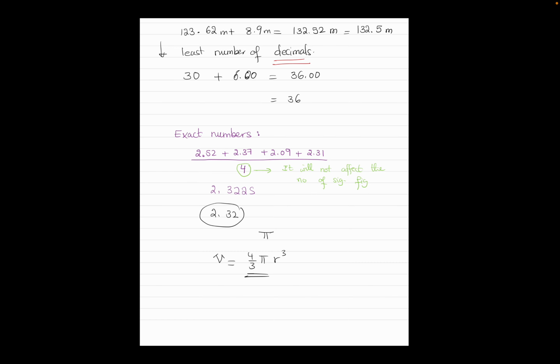Also, for example, if you have the diameter as 2.57 and you want to find the radius, it is the diameter divided by 2. Also, 2 here is an exact number, and your radius should have 3 sig figs.